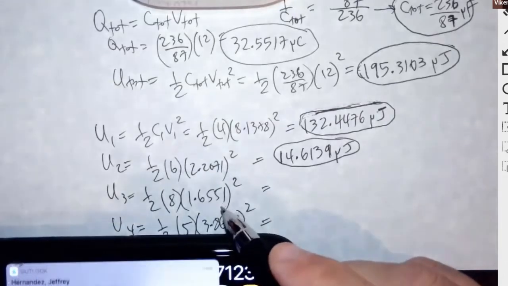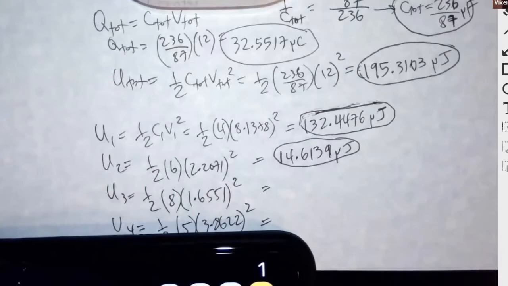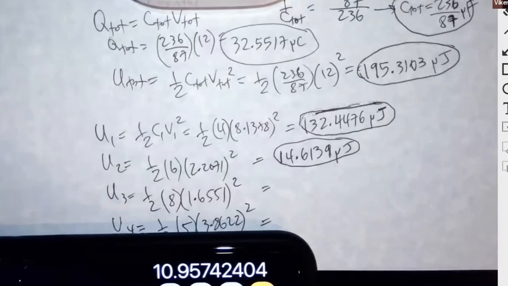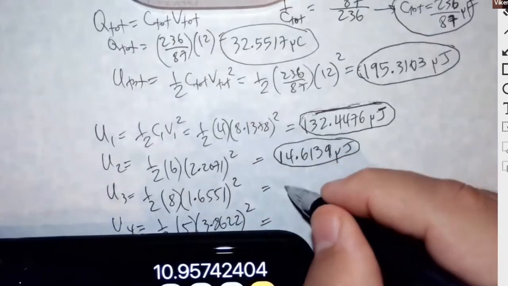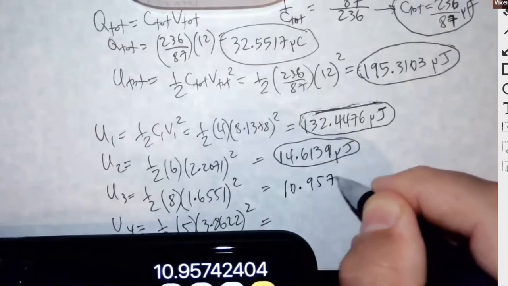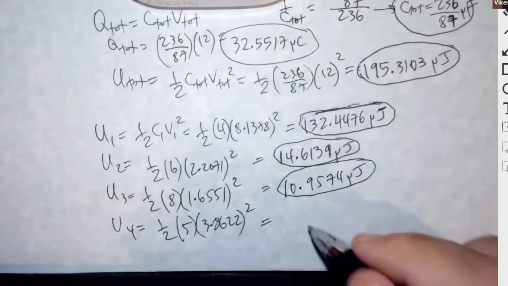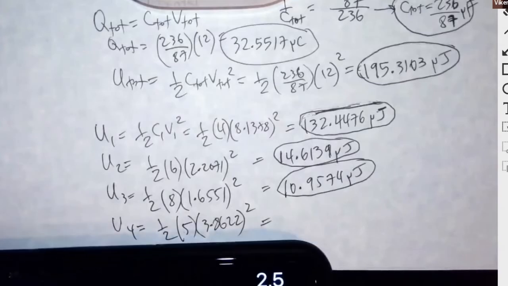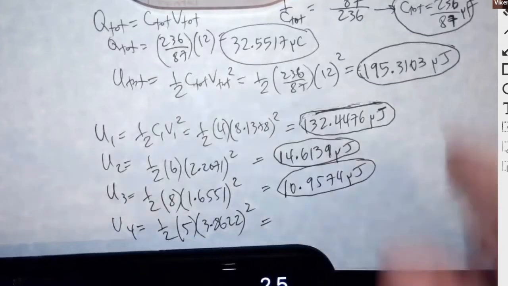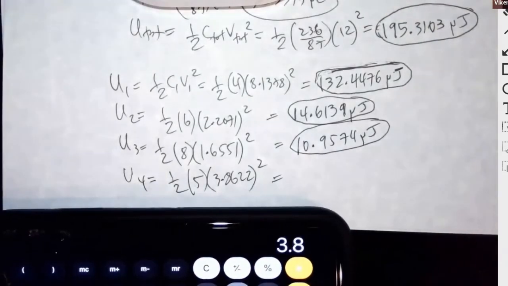Then this one is 4 times 1.6551 squared. And then 2.5 times 3.8622 squared.